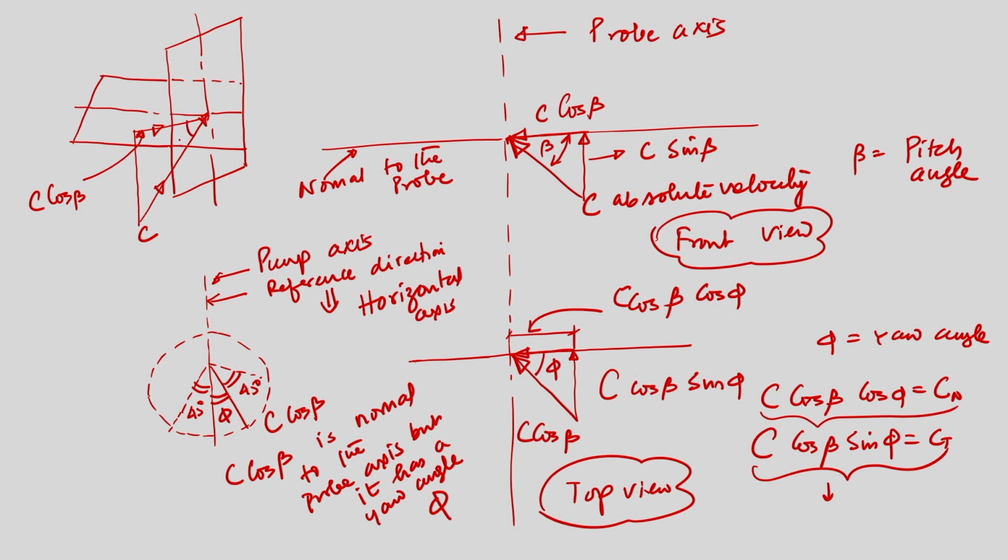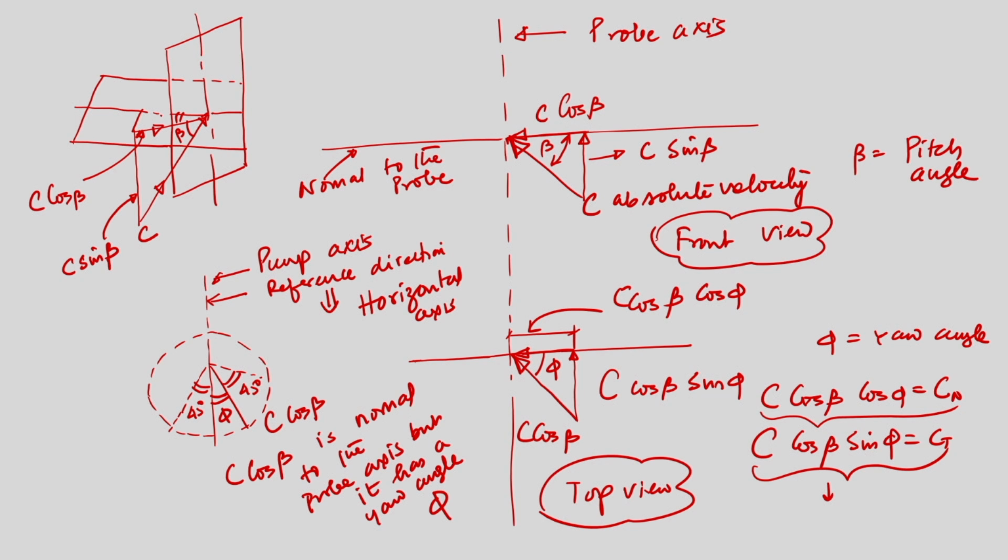This angle is beta, and this is C sin beta, and the C cos beta makes an angle phi.